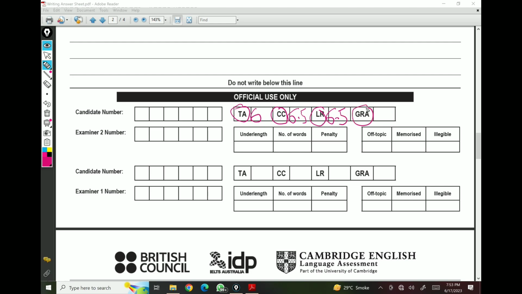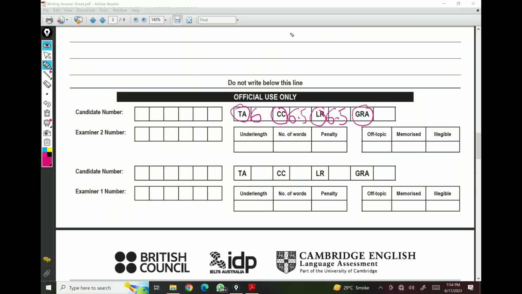And finally, grammatical range and accuracy. Now, sentence structure, and for grammatical range and accuracy, remember 3 C's. First C is try to use compound sentences. The second C is try to use complex sentences.